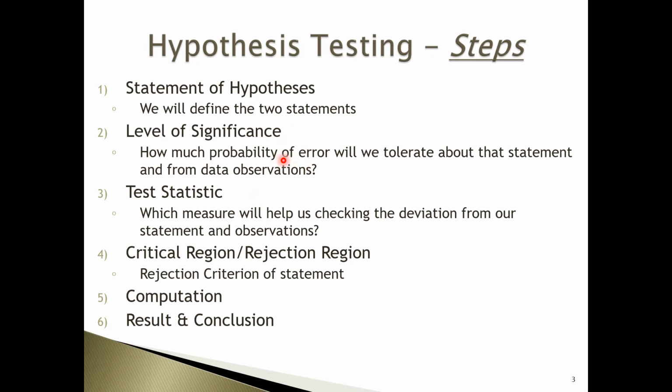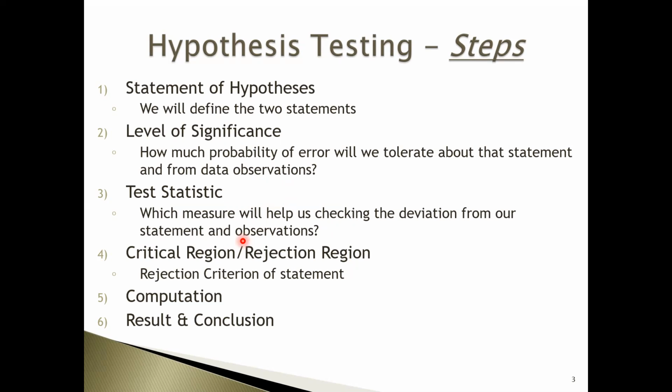So how much percent of error are we expecting in the deviation between the data observation and our hypothesized statement? Then we decide a test statistic, which will help us check the deviation between our sample data and our statement.